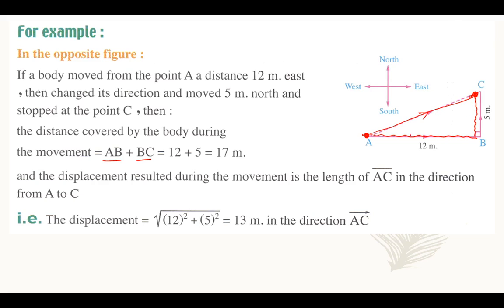By using the Pythagorean theorem. AC squared equals AB squared plus BC squared. So AC equals the square root of 12 squared plus 5 squared, which equals 13 meters in the direction of AC. Now we can find the distance and the displacement for any shape. Let's go to another idea.